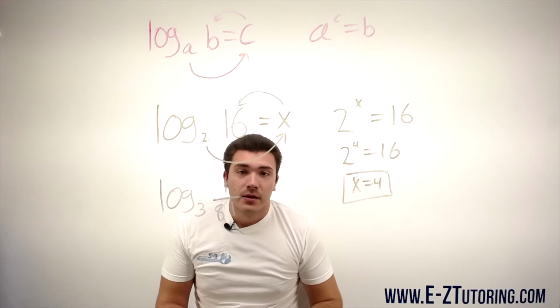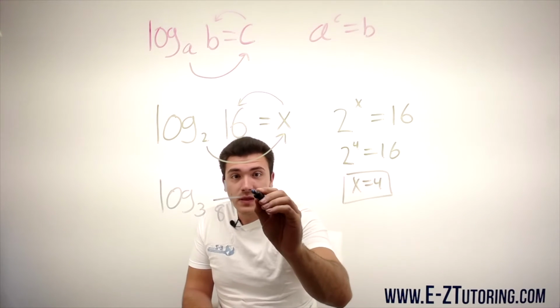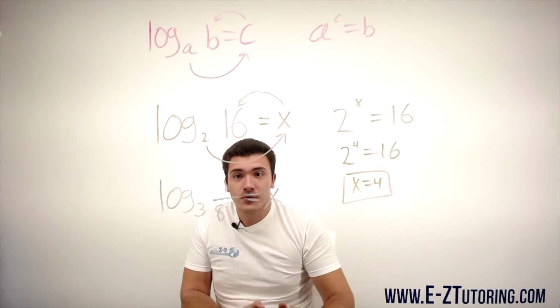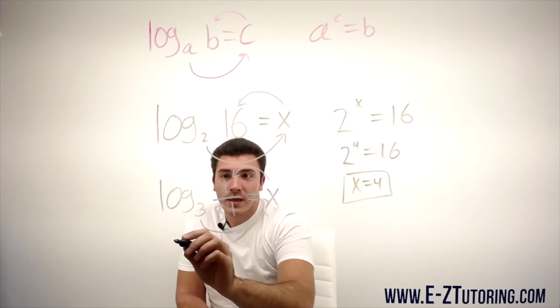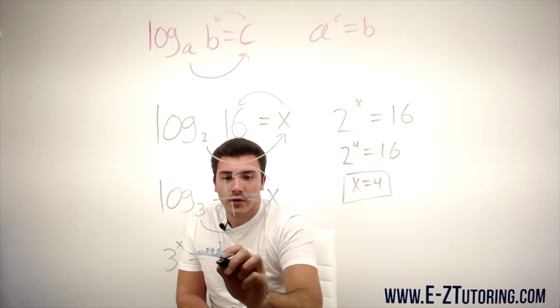Okay, so once again, we need to set this equal to something. We'll say x, and we have to convert this to exponential form. So we do our 2 arrows, and we get 3 to the x equals 1 over 81.